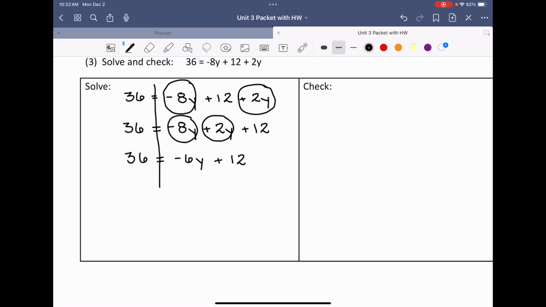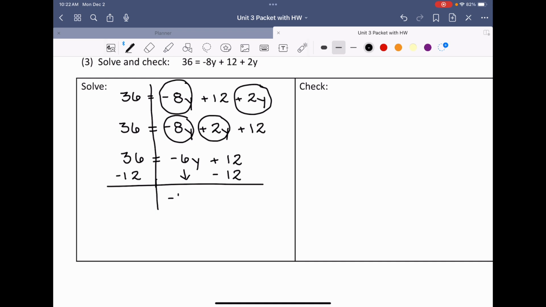Move your constant first, so minus 12 on both sides. Negative 6y is brought down. And 36 minus 12 is 24. And we're going to divide both sides by negative 6. 24 divided by negative 6 is negative 4 equals y.